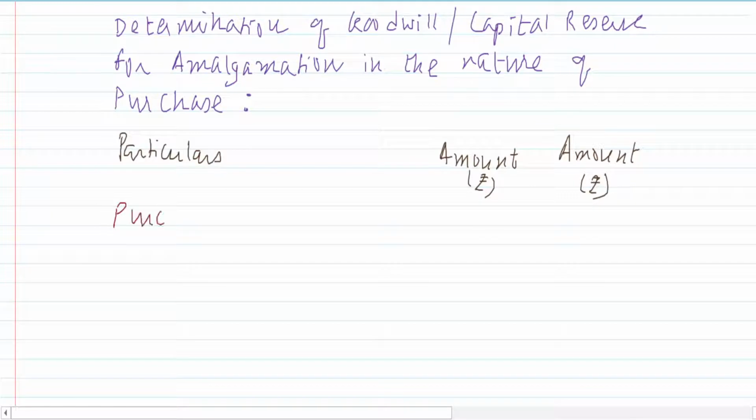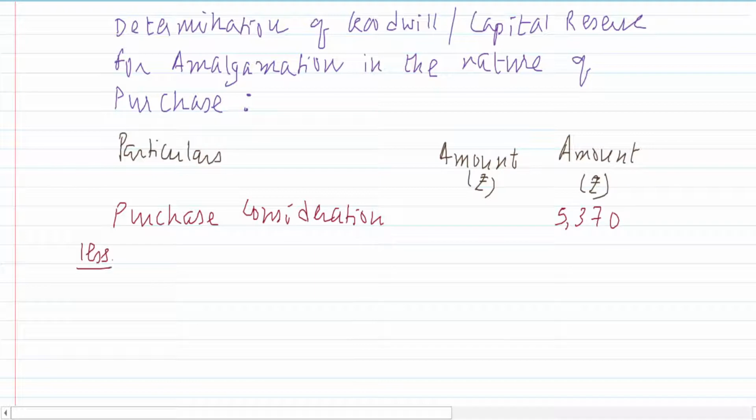Our starting point is again purchase consideration. Purchase consideration 5370. And from this, we will deduct, less, net assets taken over.